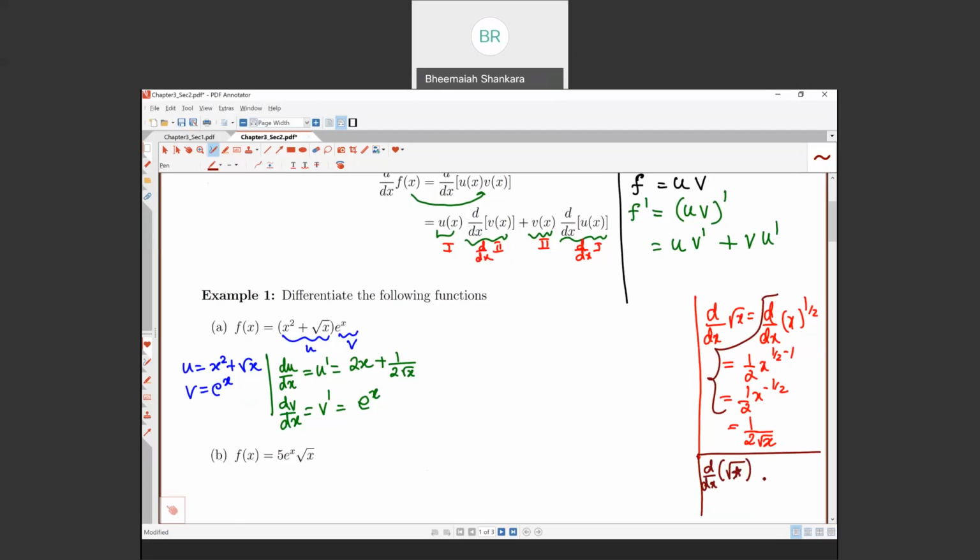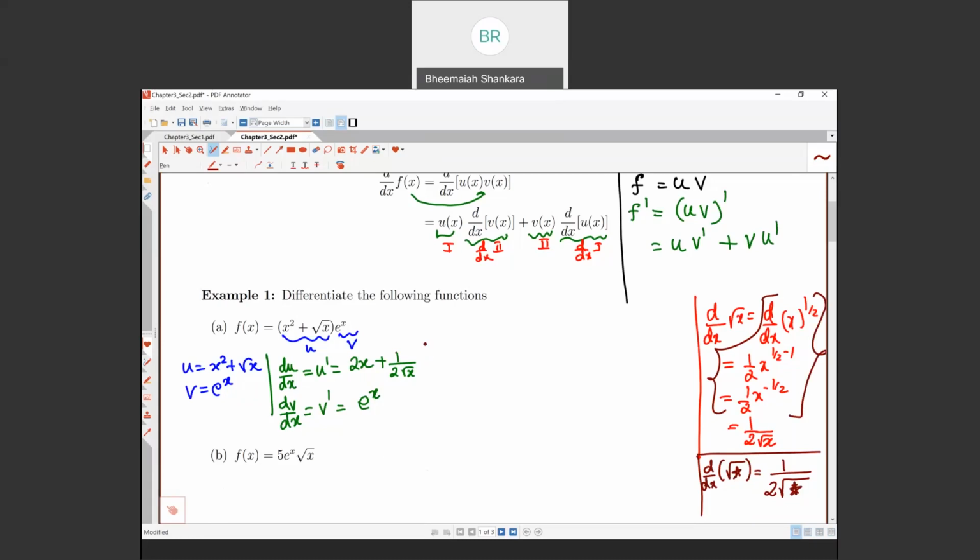This will always be equal to 1 over 2 times the same square root function star. So whatever square root function you are deriving, the answer will be 1 over 2 times the same square root function. So this lets you skip all these power rule steps, as it's an inbuilt power rule, and the format is 1 over 2 times square root.